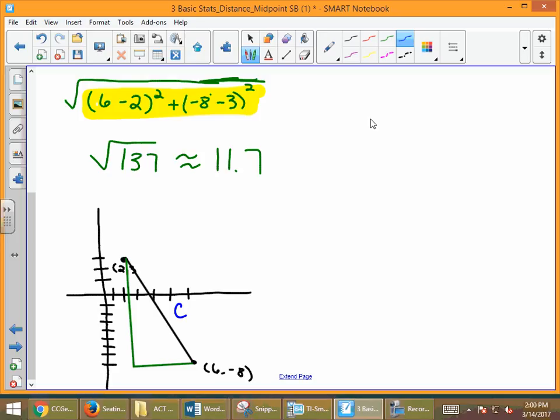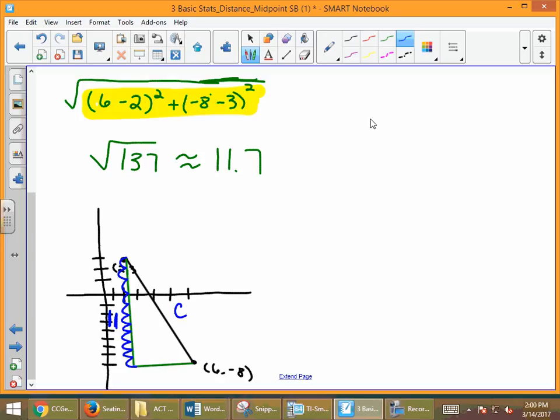You notice these are nice and straight lines. We can easily just count them or kind of do the math to figure out the distance. Okay? Well, if we count here, 1, 2, 3, 4, 5, 6, 7, 8, 9, 10, 11. So the distance of that side is 11.